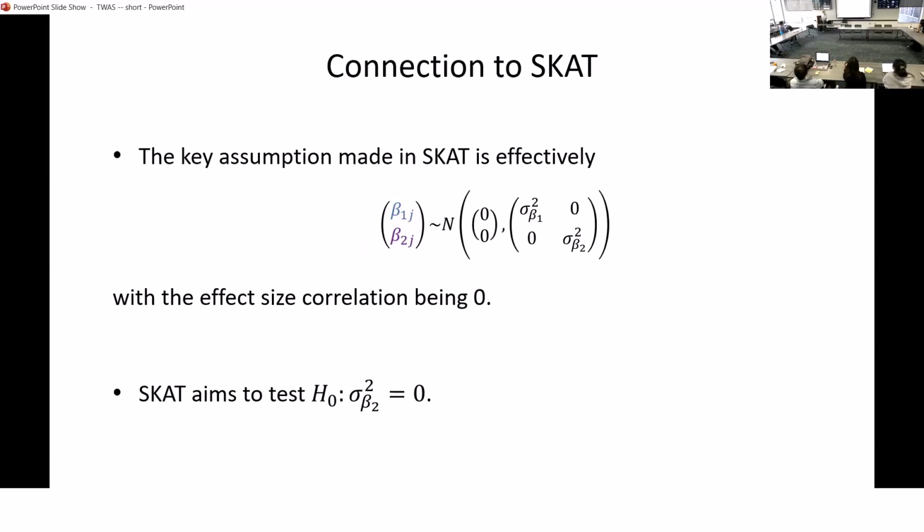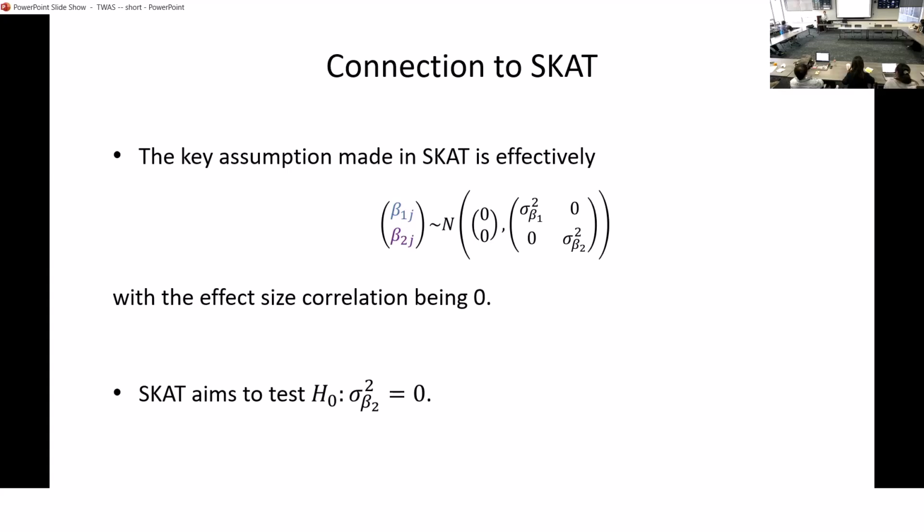And SKAT in this particular setting is effectively to say that this also follows a bivariate normal distribution, but their correlation is exactly 0, meaning that the SNP effects on gene expression is not correlated with the SNP effects on the trait. So that's why in the SKAT model assumption, if you want to test the sigma beta squared, you can throw away the gene expression, you only focus on GWAS and do this particular test over here.